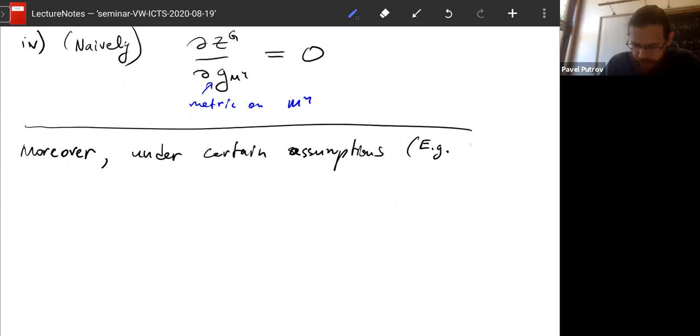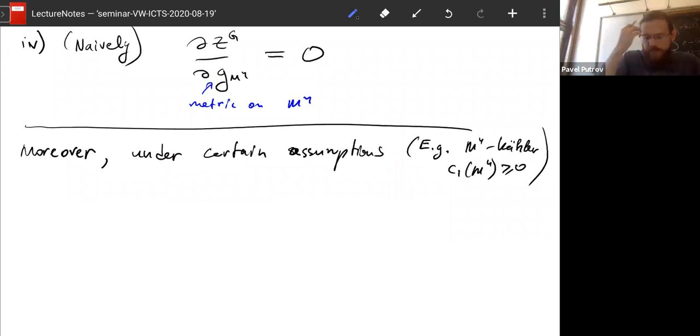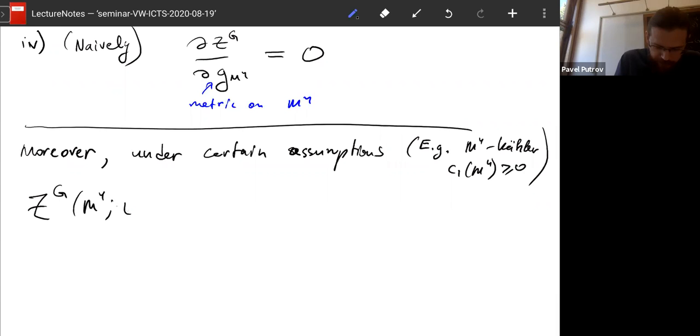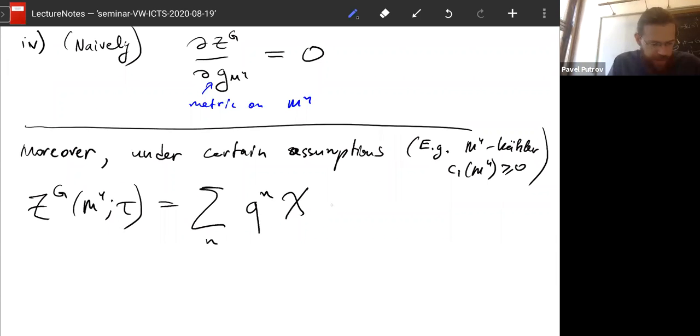It can be shown, for example, when M4 is Kähler and its first Chern class is positive. Under these assumptions, one can show that this path integral, again assuming no contributions from infinity, localizes on the moduli space of instantons, and the partition function can be written the following way.